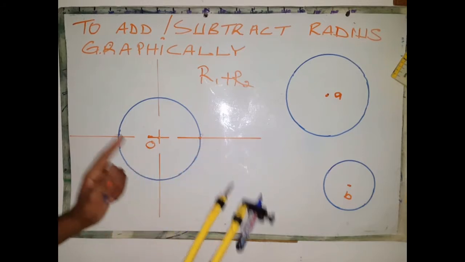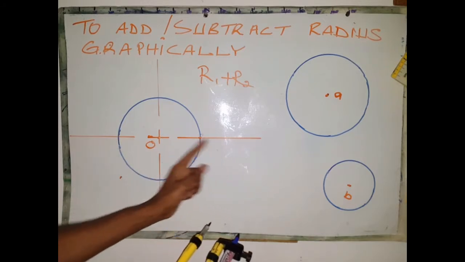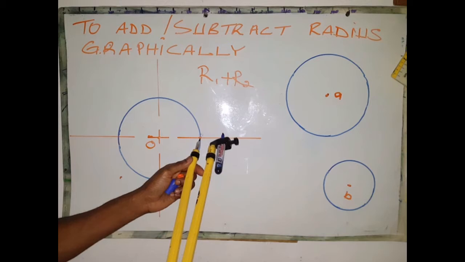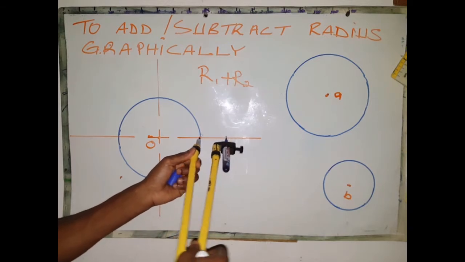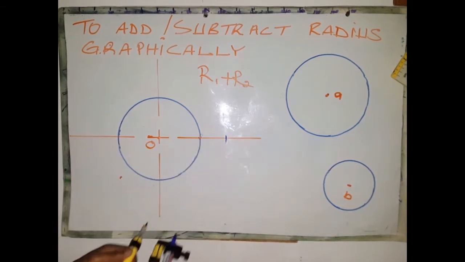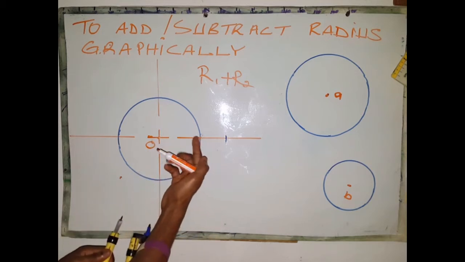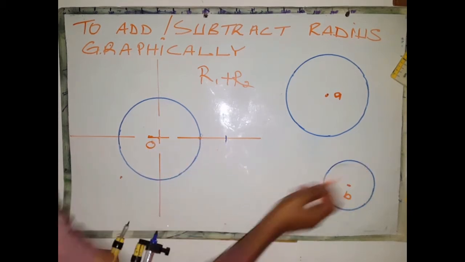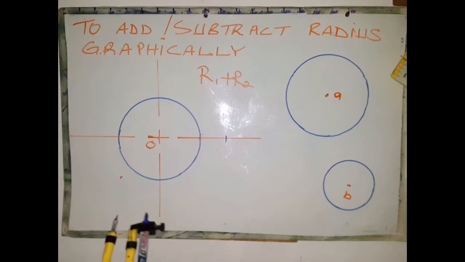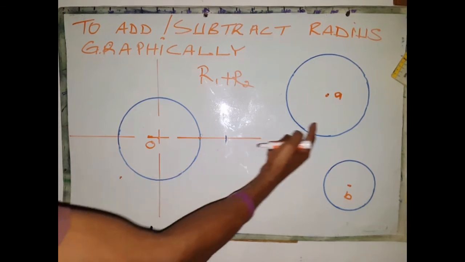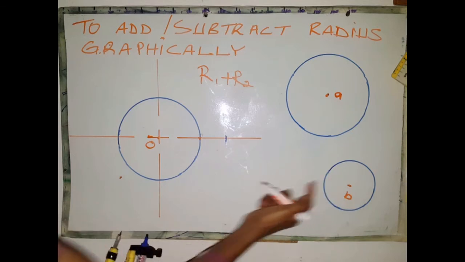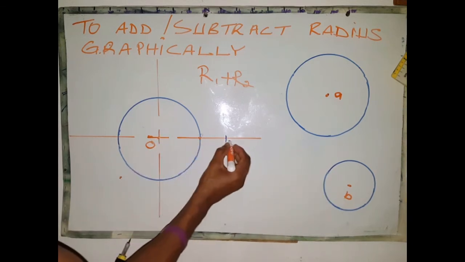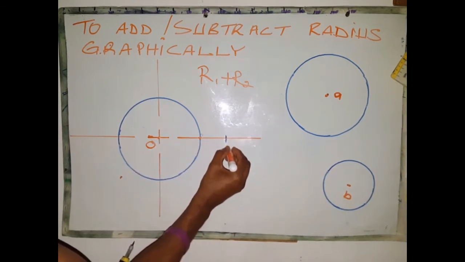If I wish to add them, I would place my compass here and scribe an arc outside. So this distance from here to here is the added radius. It means therefore the total radius for this circle and that circle would be from O to M.